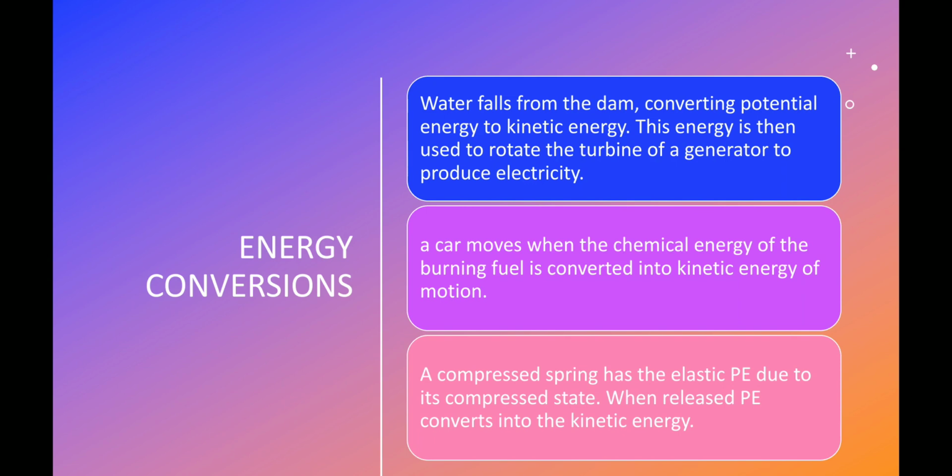Similarly, when a vehicle is moving, the chemical energy of the burning fuel is converted into kinetic energy. If you have a spring and it is compressed, it has elastic potential energy due to its deformed shape, and when it is released, it is converted into kinetic energy. So you will find many similar examples related to energy conversions in your day-to-day life.